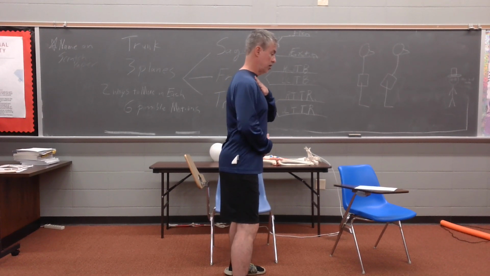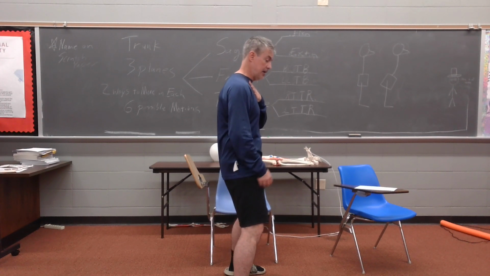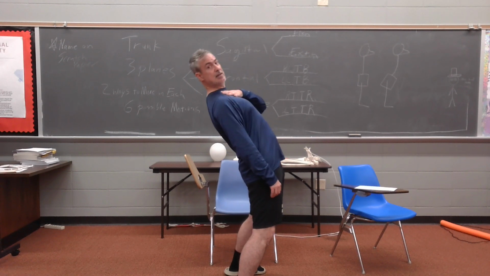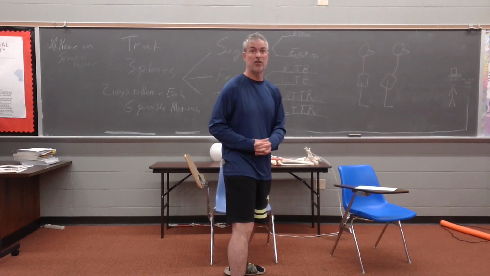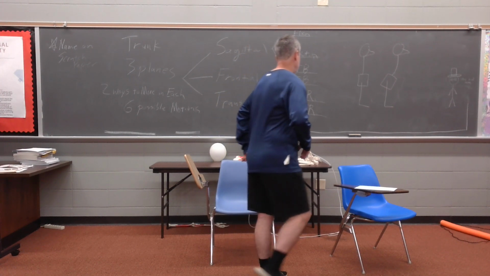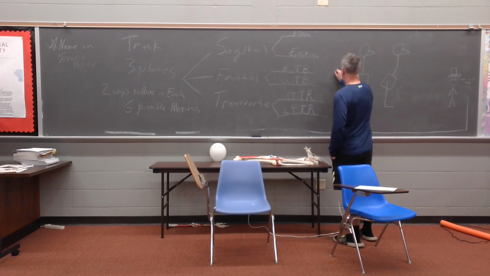Now, the trunk started off in an extended position and it ended in a flexed position. So I went from being extended to being flexed. I had to have trunk flexion. You see that? And next week, we're going to get into, have you ever heard of reverse crunches, right?